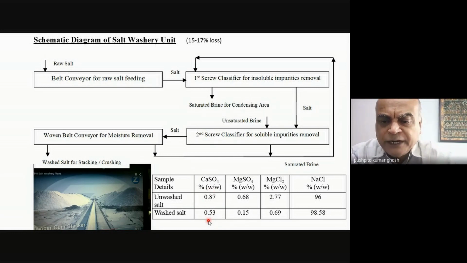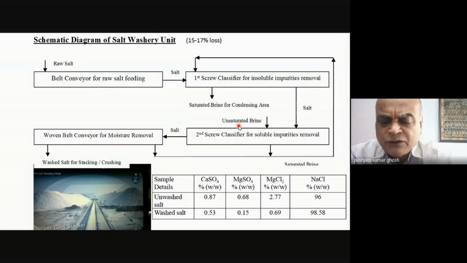Some amount of magnesium sulfate and magnesium chloride will also come out when you do that. But there is always some impurities which are binding crystals of salt. And I'll show you that later on. Those things are very difficult to remove with the saturated brine. So what you do is that you take a slightly undersaturated brine so that some amount of salt will actually dissolve, and in the process, it may expose a large amount of impurities for removal.